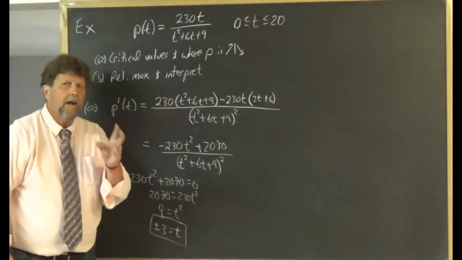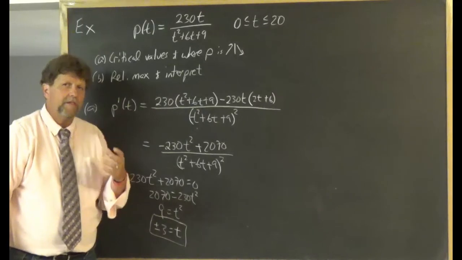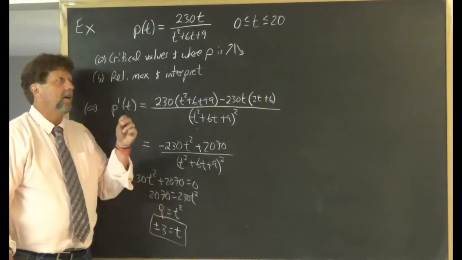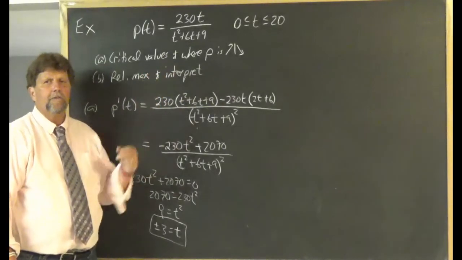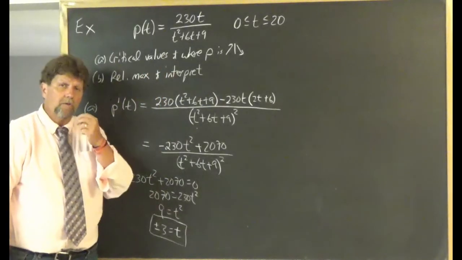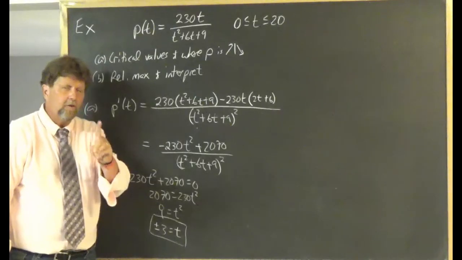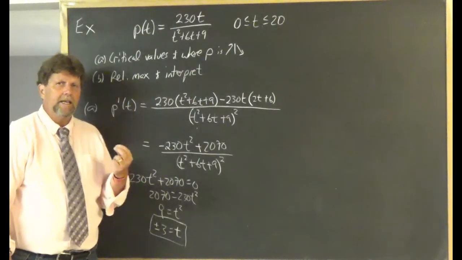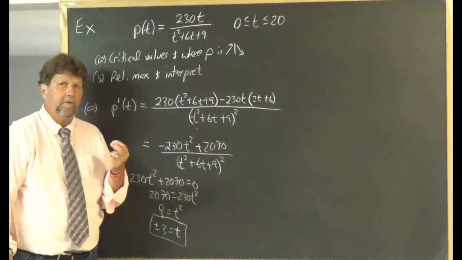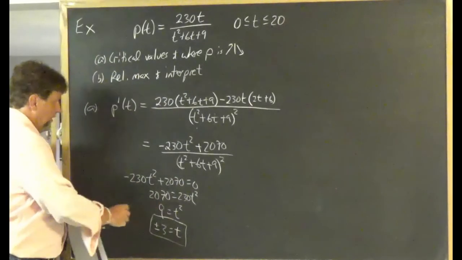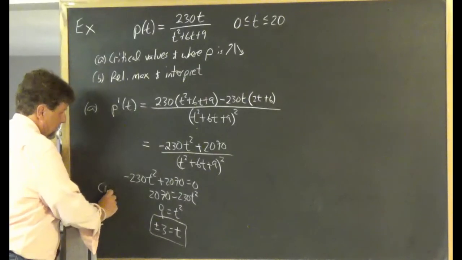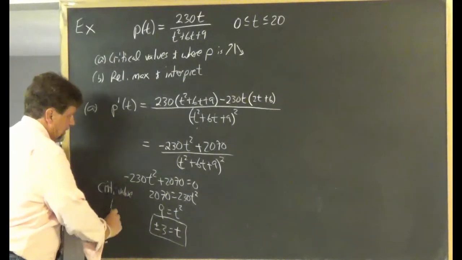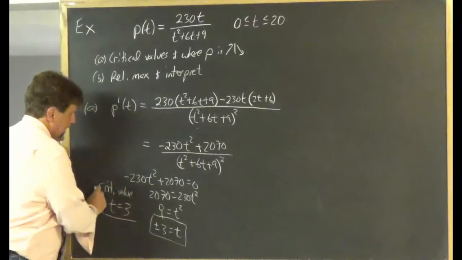But the negative 3 is not a critical value for this function because, again, it is not in the interval 0 to 20. So this function only has one meaningful critical value in this problem context. t equals 3 is the only meaningful critical value.